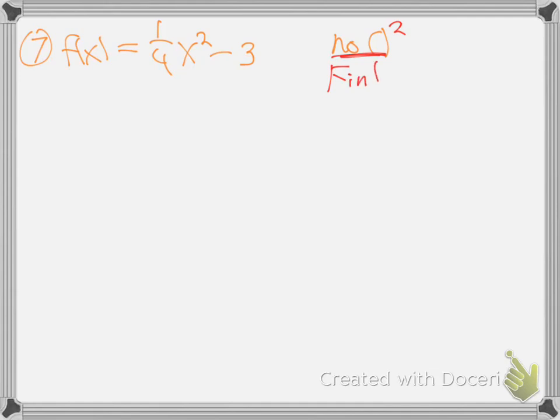Here's how you find the center when they have no parentheses squared. We can't just do the opposite same thing. X is negative b over 2a.